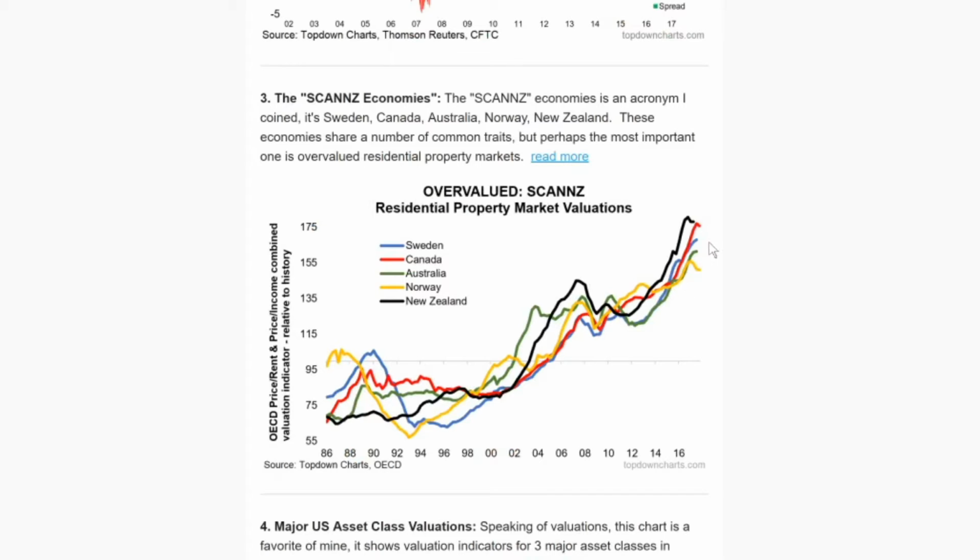And now for something completely different, the SCANNZ economies, standing for Sweden, Canada, Australia, Norway and New Zealand. I received some correspondence from a bloke in Iceland, and he mentioned that there's actually a lot of similarities to Iceland as well, so maybe we should put Iceland into the mix.